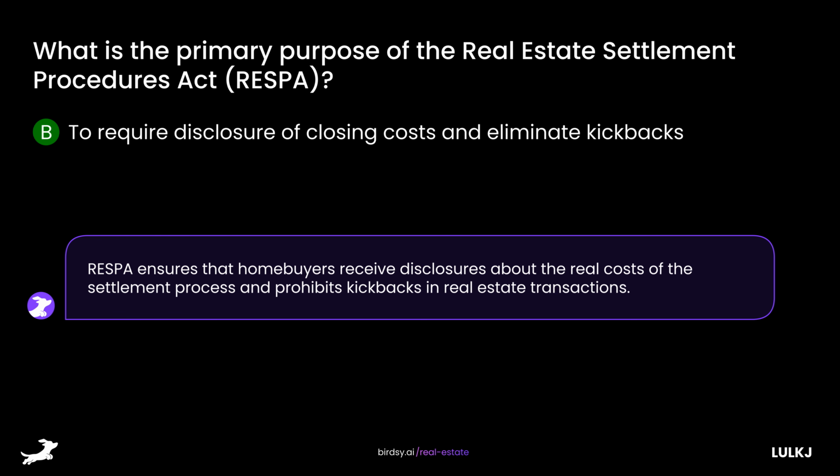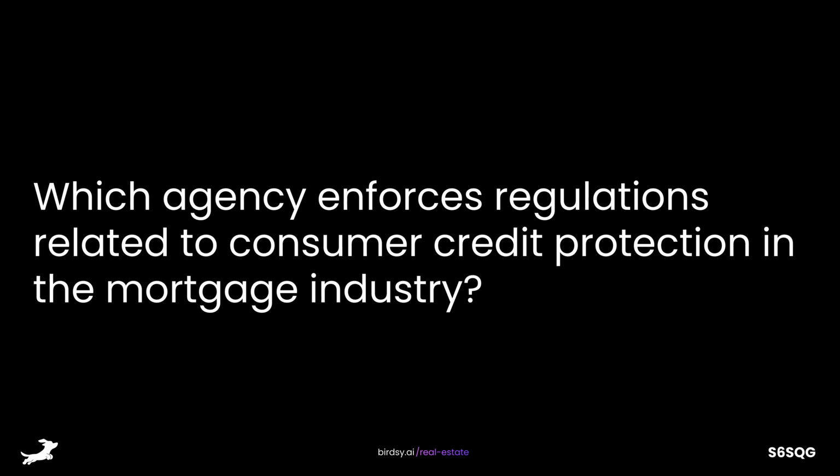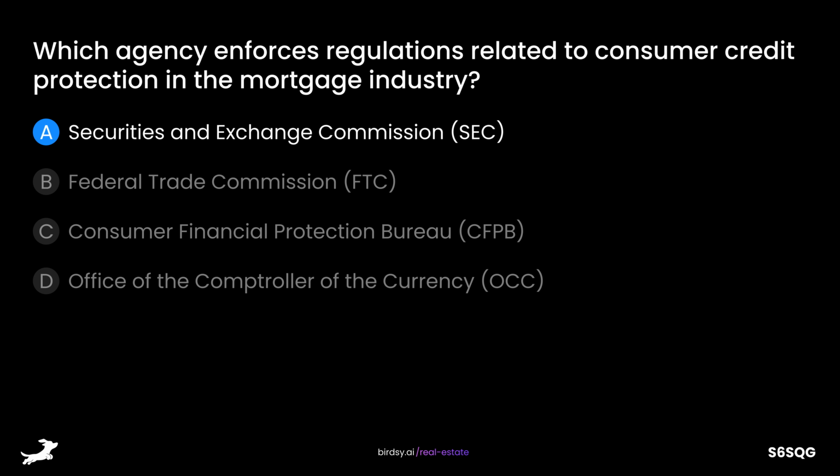RESPA ensures that homebuyers receive disclosures about the real costs of the settlement process and prohibits kickbacks in real estate transactions. Which agency enforces regulations related to consumer credit protection in the mortgage industry? Is it A, Securities and Exchange Commission? B, Federal Trade Commission?